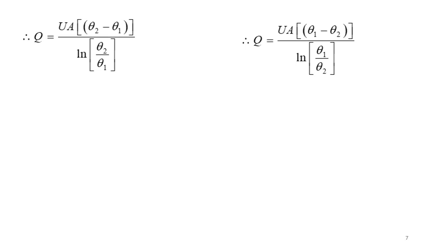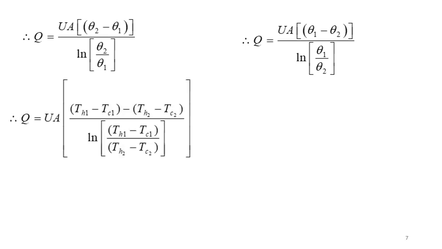Now we know theta 1 is nothing but Th1 minus Tc1 and theta 2 is nothing but Th2 minus Tc2. Substituting that, we get Q is equal to UA into (Th1 minus Tc1) minus (Th2 minus Tc2) divided by ln of (Th1 minus Tc1) divided by (Th2 minus Tc2).